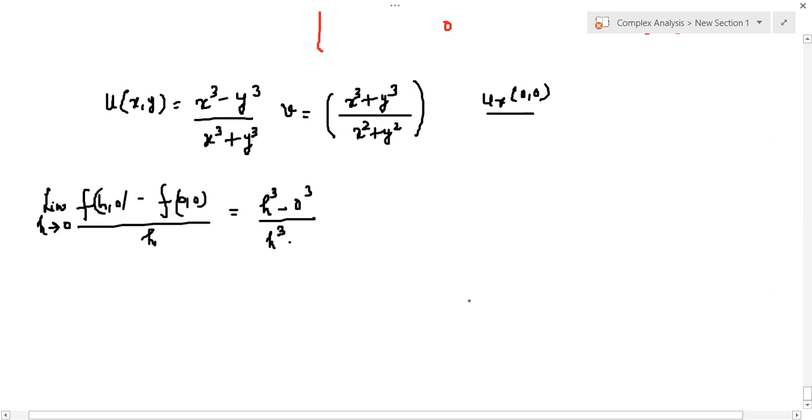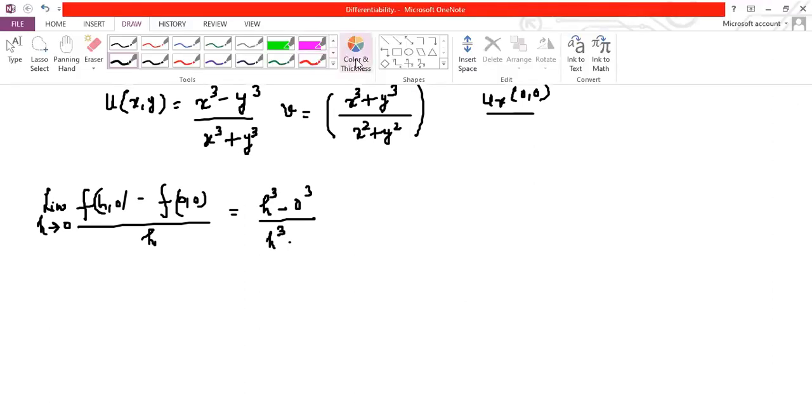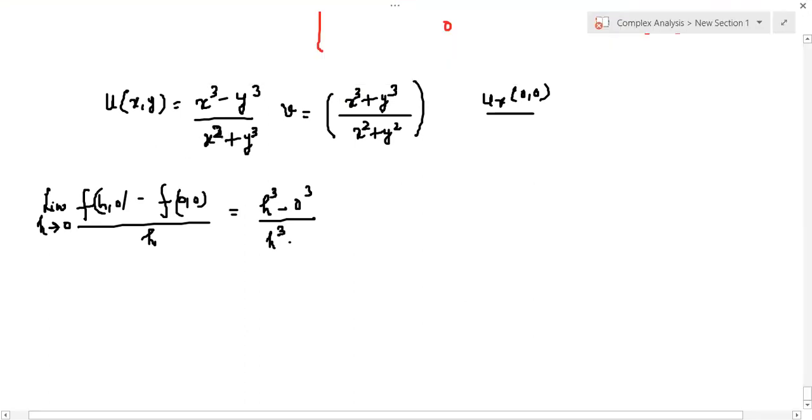Okay, let us try to do it in a different fashion. I think this is x cube plus y cube. No, this is x squared plus y squared. My bad, otherwise u x will tend to infinity. So please correct it: this is x squared plus y squared here, and here it is also x squared plus y squared. So it will become h squared, divided by h also, and f of 0, 0 is 0, so it will give you 1.